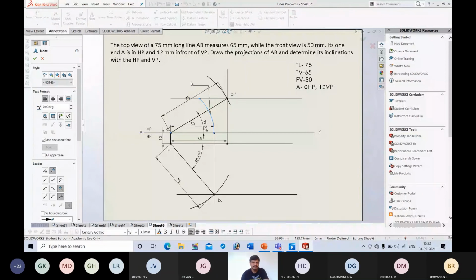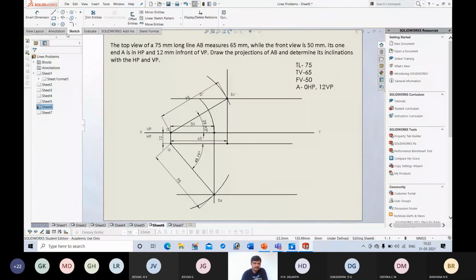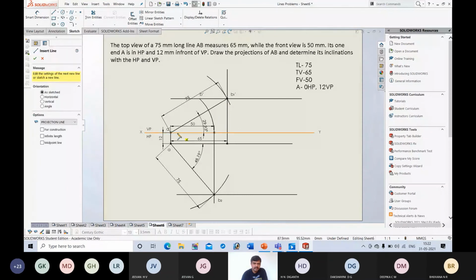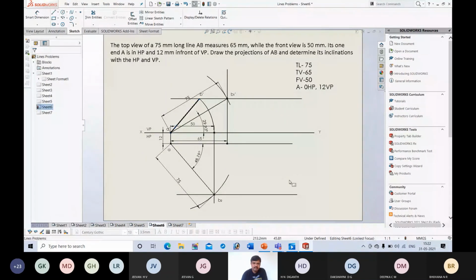This is B dash. Okay, next, before that, I will connect A dash to B dash. So this is the front view. I will make it thick. So this is front view.